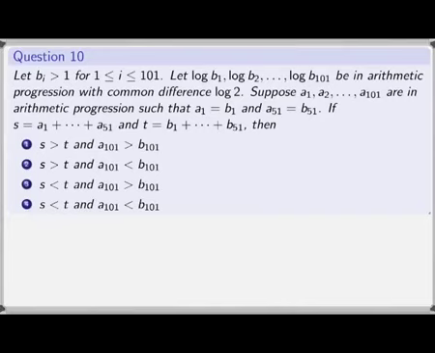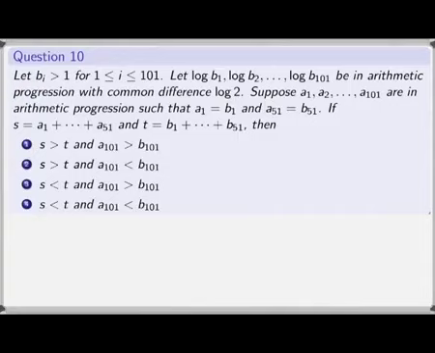Now consider the sum of a1 up to a51 to be s and the sum of b1 up to b51 to be t. Then we shall find out among the 4 options given here which one is the correct answer.